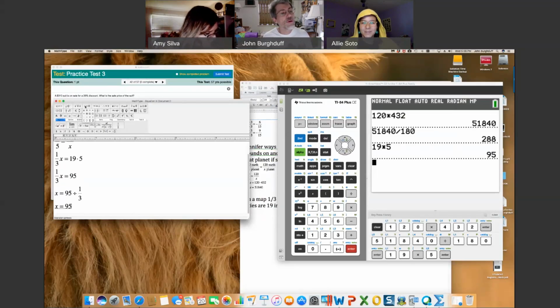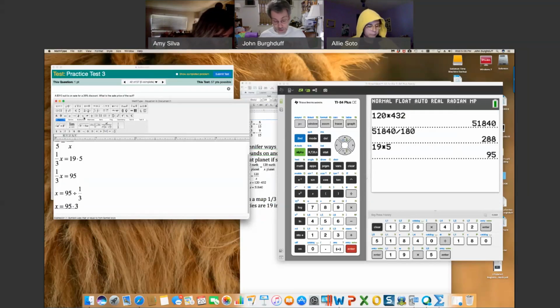Use the calculator. Yeah, we're gonna use the calculator in a minute. I could actually do everything on the calculator. I'll show you how in a minute. But you can also think of it this way. When you're dividing by a fraction, it's the same as multiplying by the reciprocal. So dividing by 1/3 is the same as multiplying by, take the 1/3 and flip it over, 3/1. So it'd be 95 times 3.